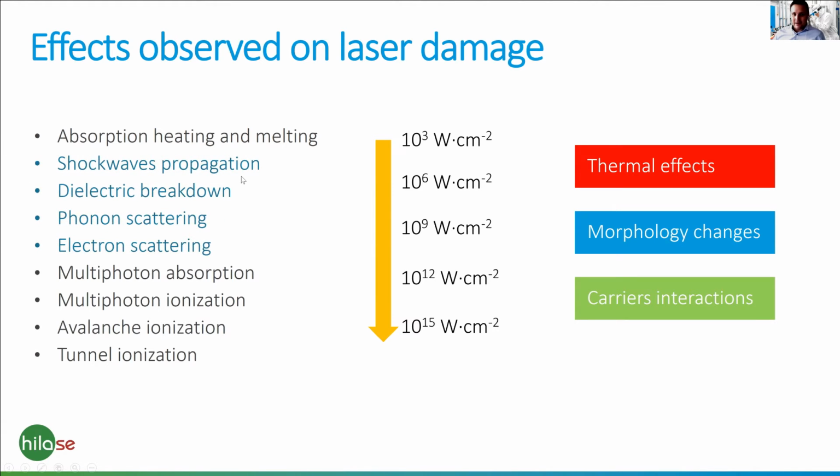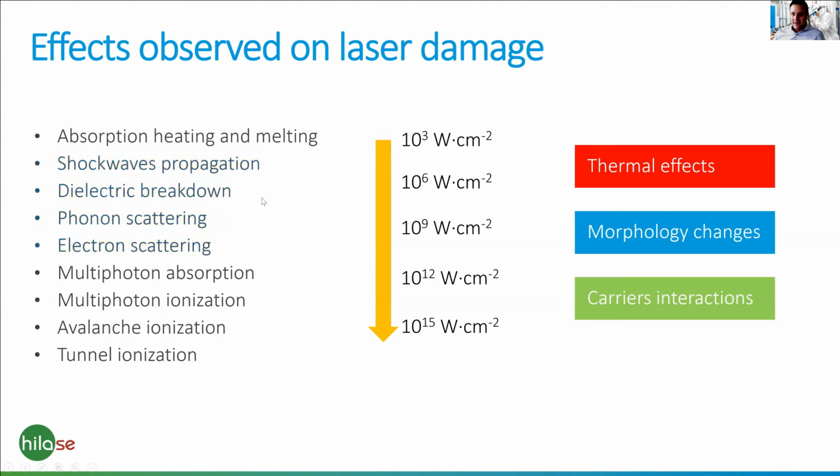As I said, there are shock waves. These shock waves can be quite dramatic, as if you have enough intensity, you will create a plasma on the surface, which is expanding rapidly. And from the material point of view, this is basically an explosion, and the shock wave of this explosion is propagating inside the material.